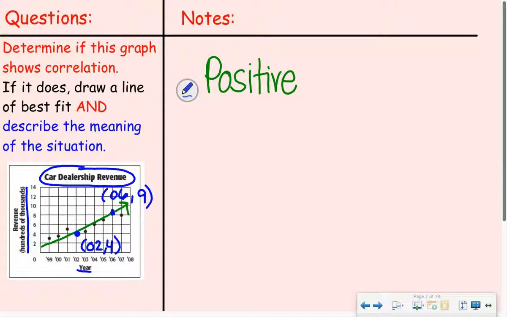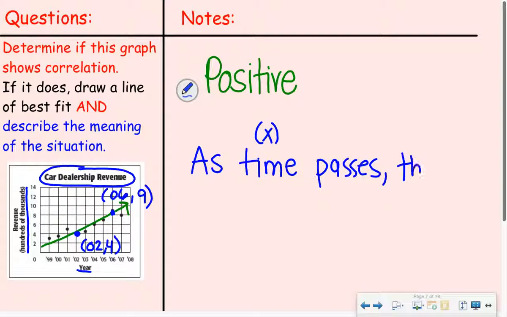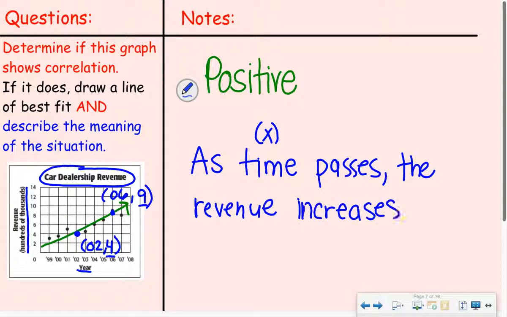So as time passes, the revenue, our Y, let's look at what our revenue does. It goes from 4 to 9. 400,000 to 900,000. So the revenue increases. So over time, the revenue at car dealerships has increased.